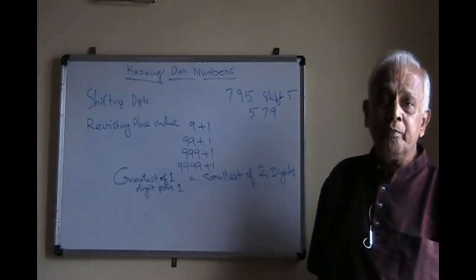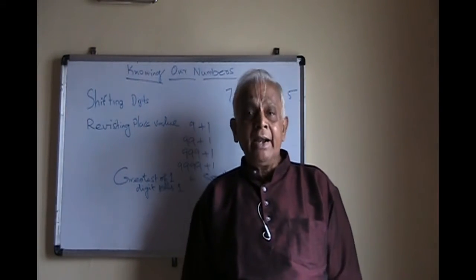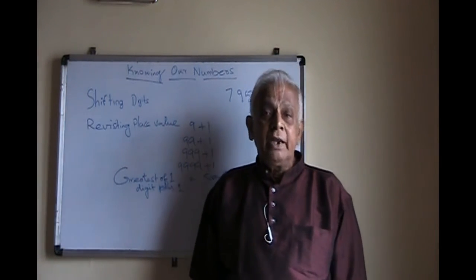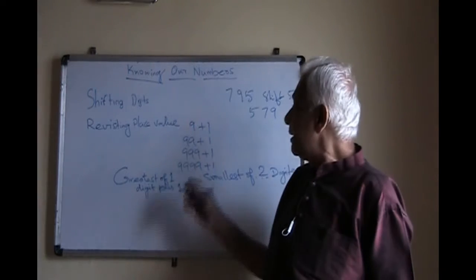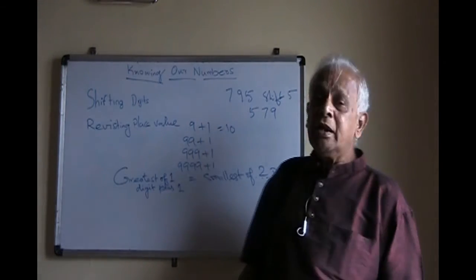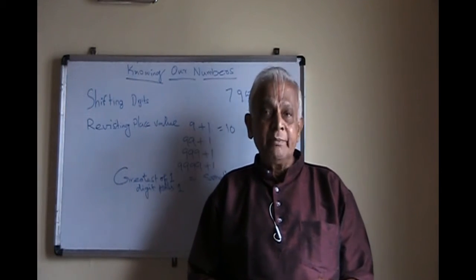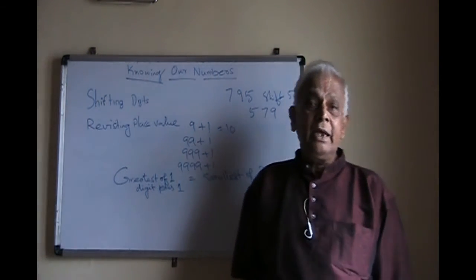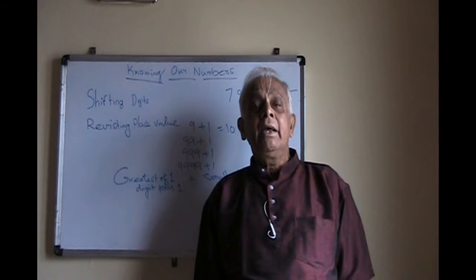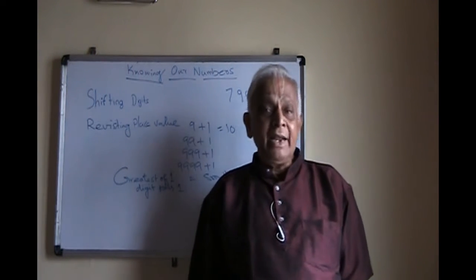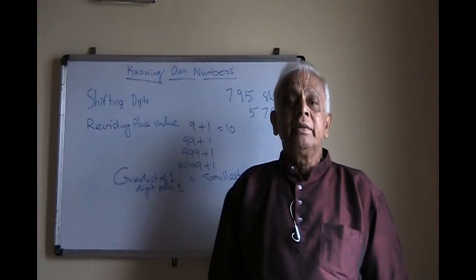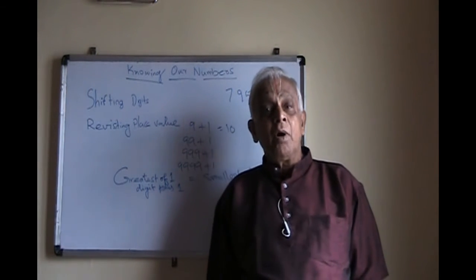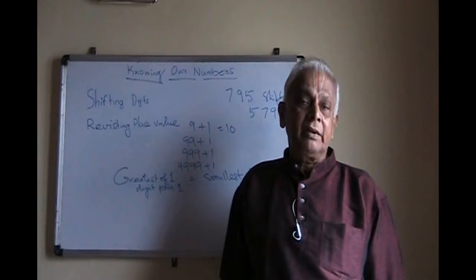You already know that 9 plus 1 becomes 10, which is the smallest of the two-digit numbers. Similarly, the highest two-digit number is 99, and adding 1 gives 100, which is the smallest of the three-digit numbers.